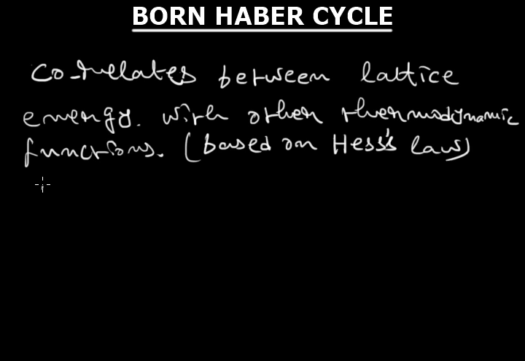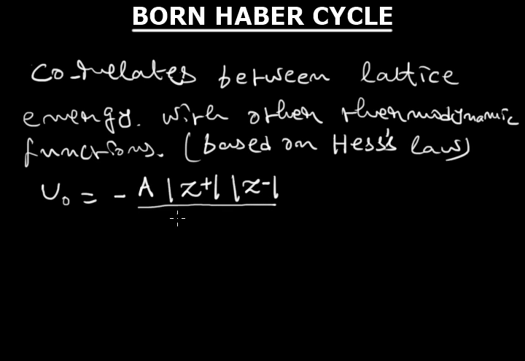Lattice energy is represented by U0. Lattice energy is equal to minus A into modulus of Z plus into modulus of Z minus by R0 into 1 minus 1 by n.